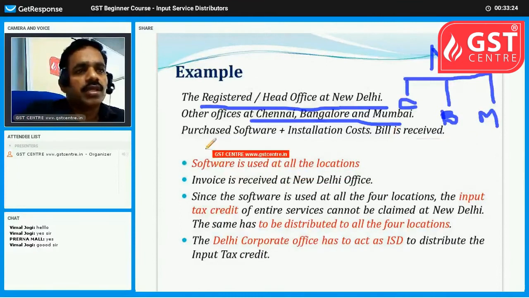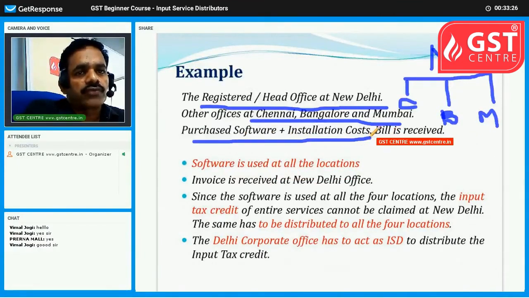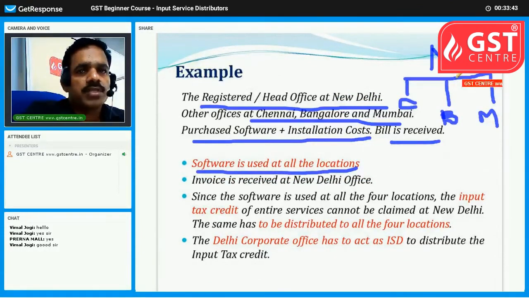And they purchased a software and they incurred some installation cost also. Bill is received at the head office. The head office will be doing all transactions. And this software purchased is used at all locations, means in New Delhi, Chennai, Bangalore and Mumbai.